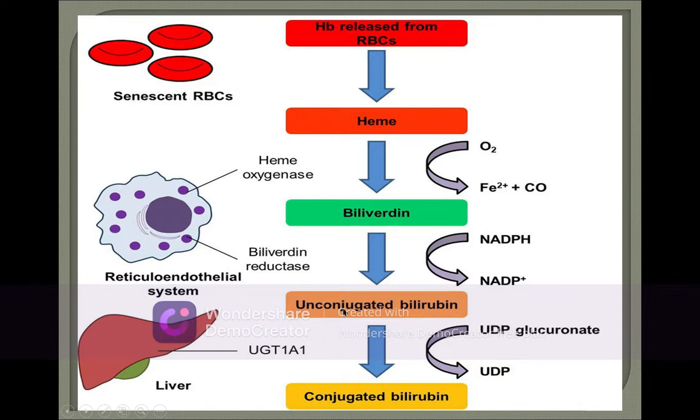But if the liver is so pressurized, not all biliverdin will be converted into conjugated bilirubin, so the unconjugated bilirubin will be absorbed again and come into the blood. This is unconjugated bilirubin, because the problem occurs before the liver. It is called prehepatic jaundice, or hemolytic jaundice, you can say.